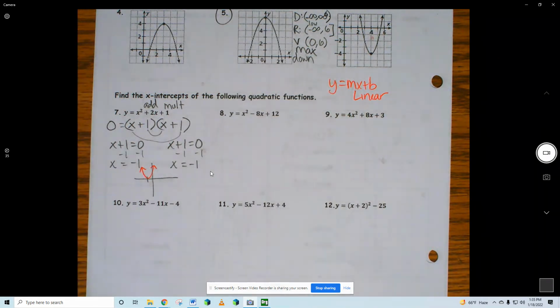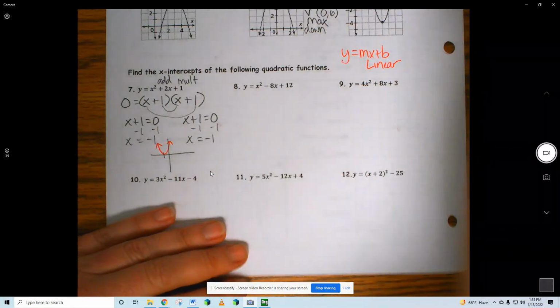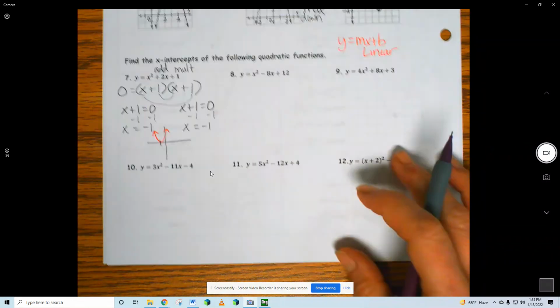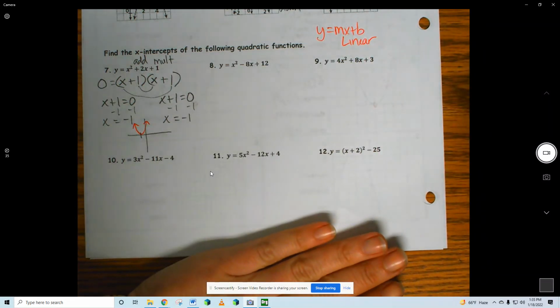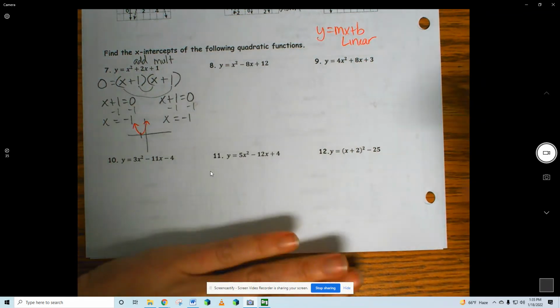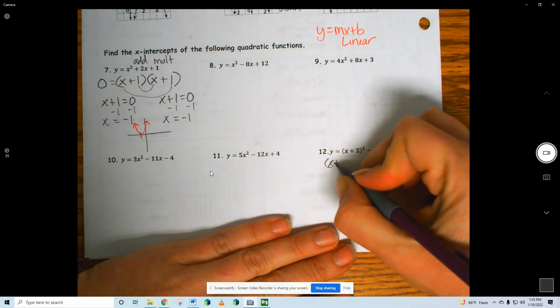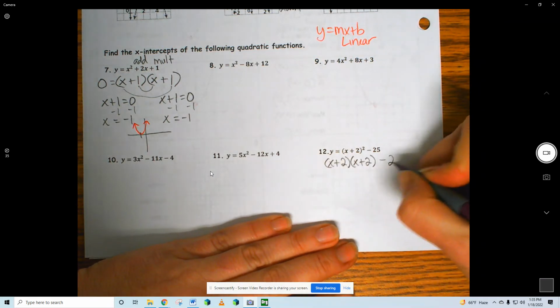So, 8, 9, 10, 11 are going to be okay. I'll do another one, but I really want to do 12. Because 12 is in a different format than we've seen. 12 has this x plus 2 and then a squared. I have to do x plus 2 twice. And then the minus 25 is just going to be at the end.